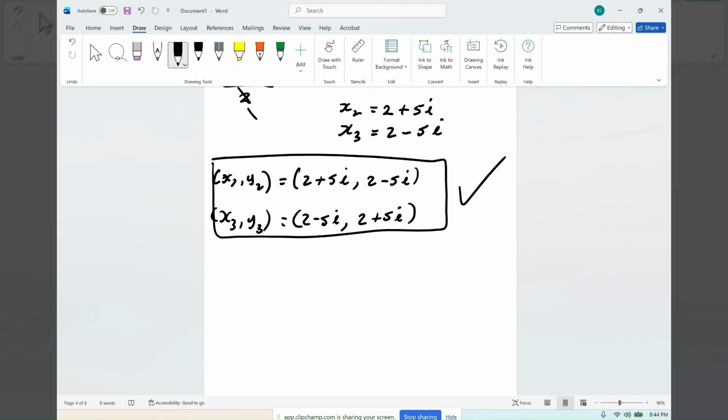This is the solution to the answer. We also have (x, y) equal to (1, 3) and (3, 1). Complete solution to the problem.